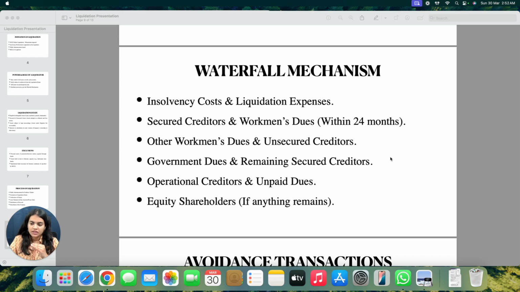And if the actual debt amount is 12 crores and the realized value is only 10 crores, then the secured creditor will again come in line under the waterfall mechanism.